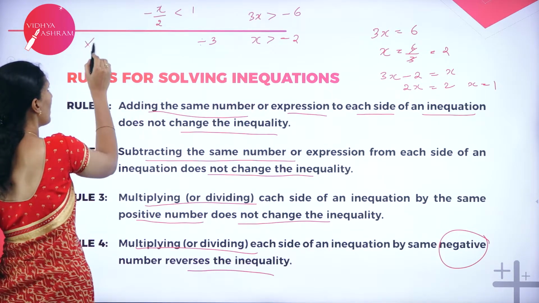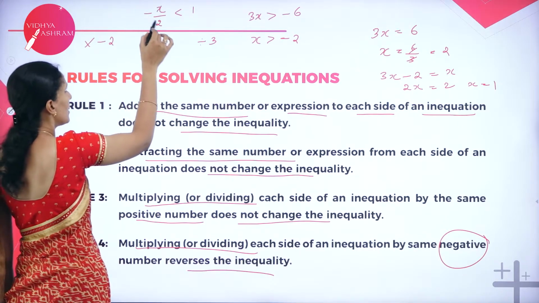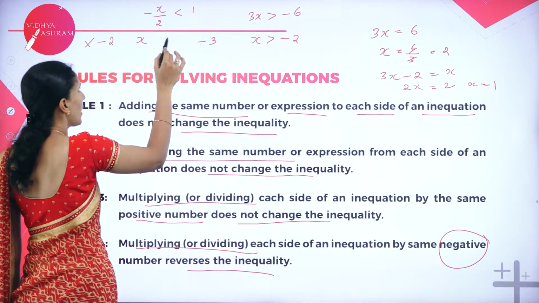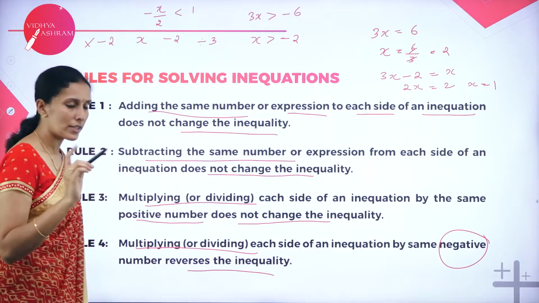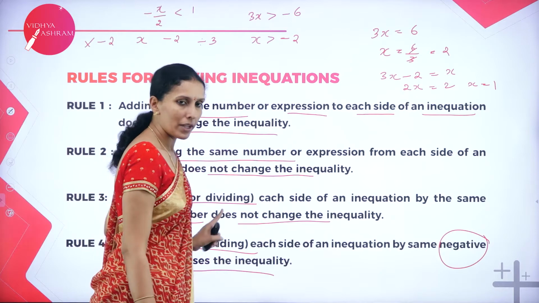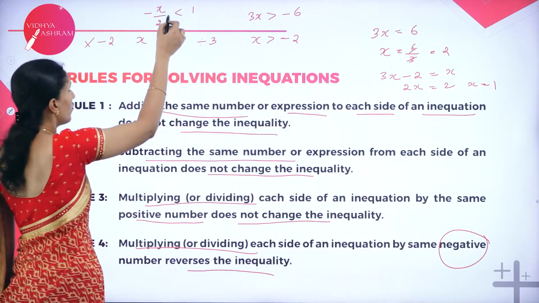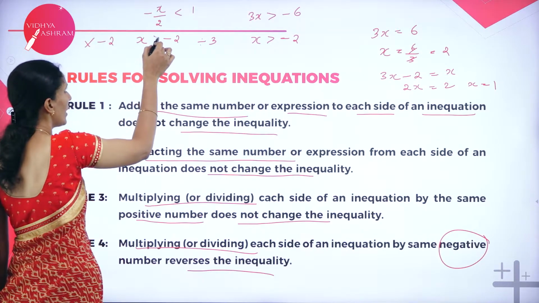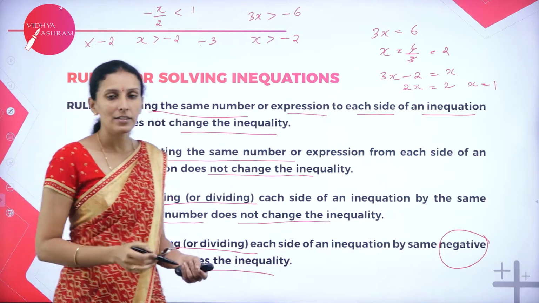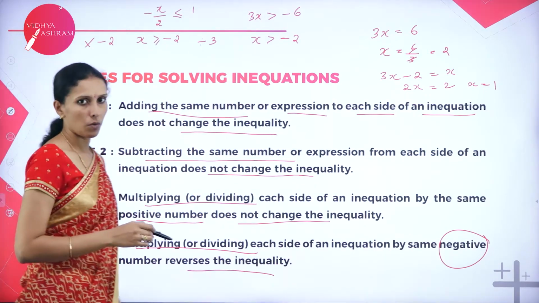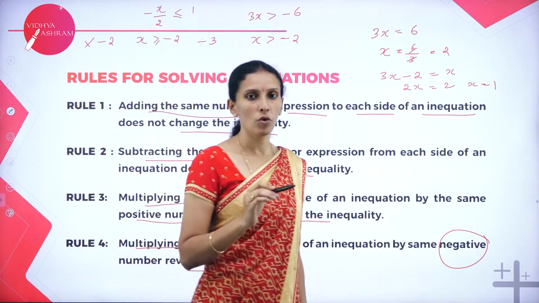If you multiply by minus 2 on both sides, minus 2 gets cancelled, x remains, and here 1 into minus 2 is minus 2. But what does the rule change? When you are multiplying or dividing with the negative number, the inequality changes. You have less than here, you should write greater than. If you have less than or equal to, then you have to change the sign to greater than or equal to. So this is what rule 4 says.